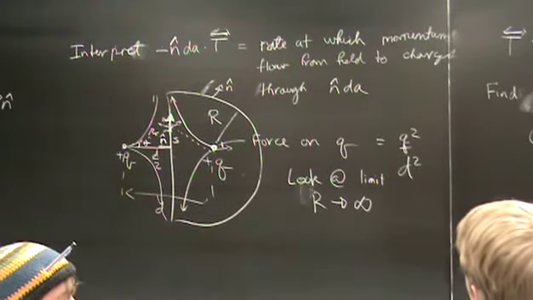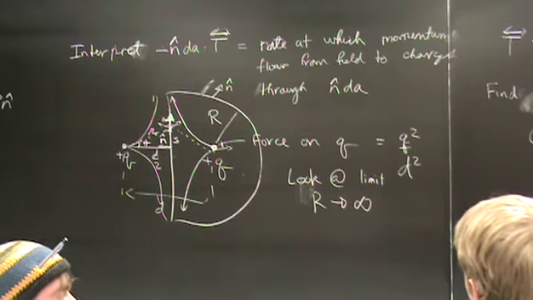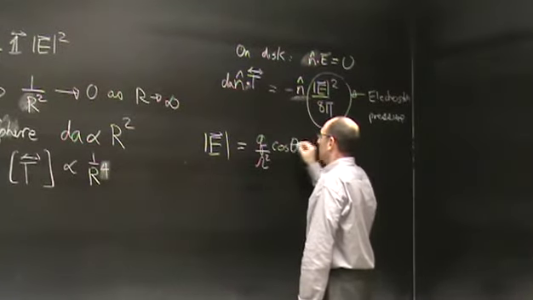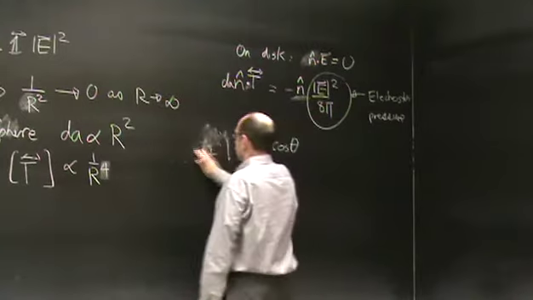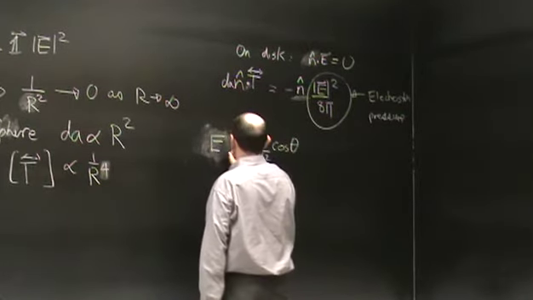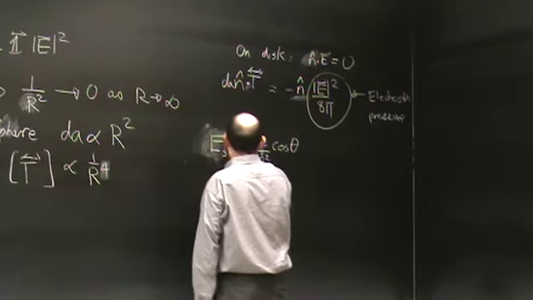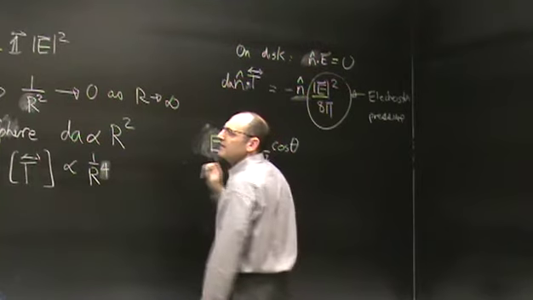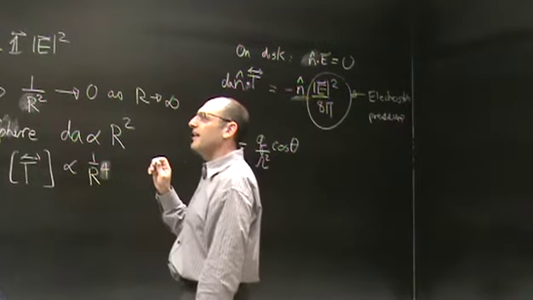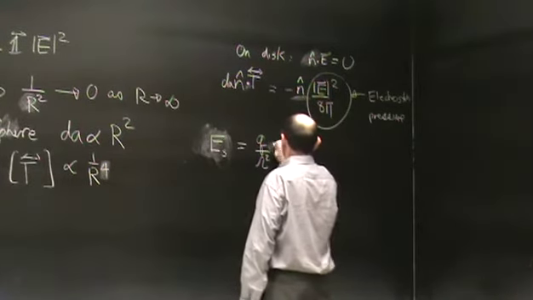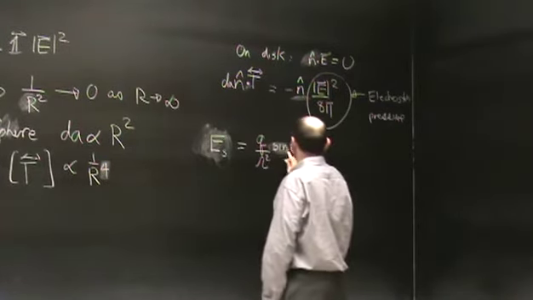Okay? So, what is that? Well, the magnitude of E is equal to Q over script R squared times cosine theta, or the S component, that component along the S direction. Oh, did I screw that up? Oh, yeah, you're right, the sine theta. It's wrong in my notes.